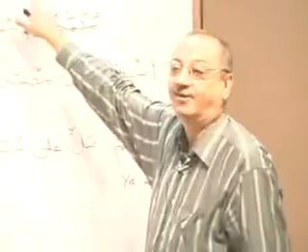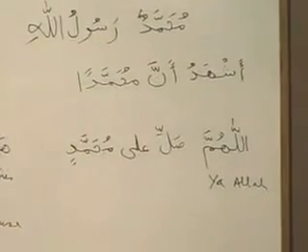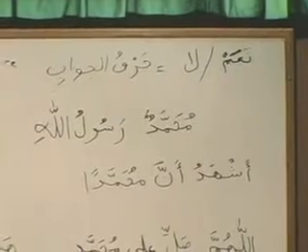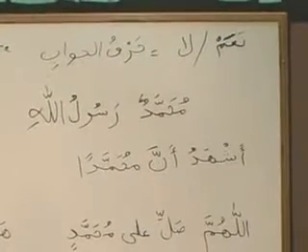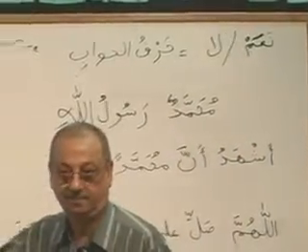What is hadha? It's a noun. What is bait? It's a noun. Then what is na'am? It's a harf, harfu jawab, particle of answering. And what is la? Harfu jawab. This is also a particle. Okay?